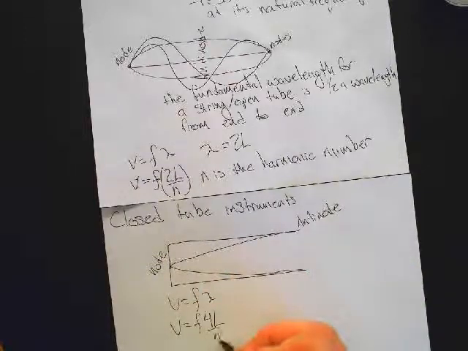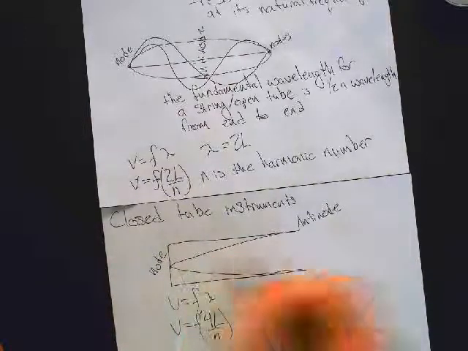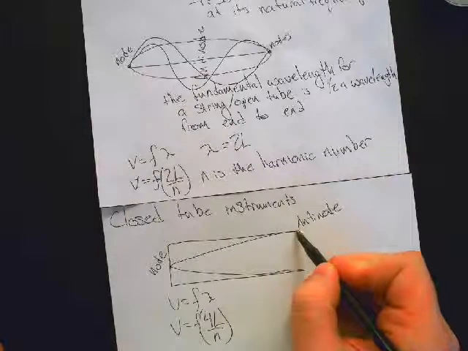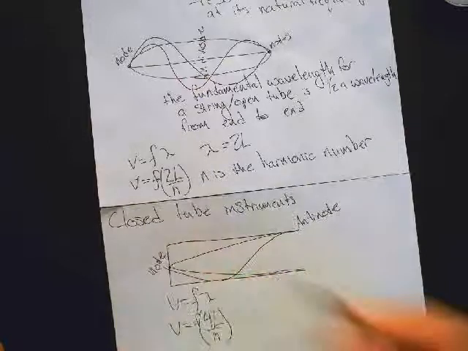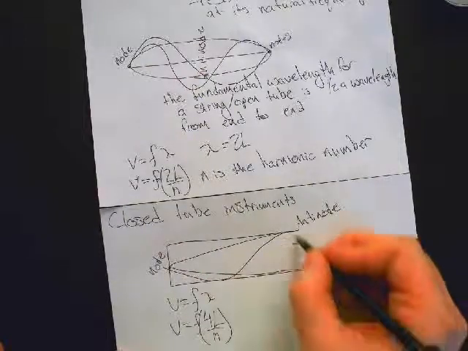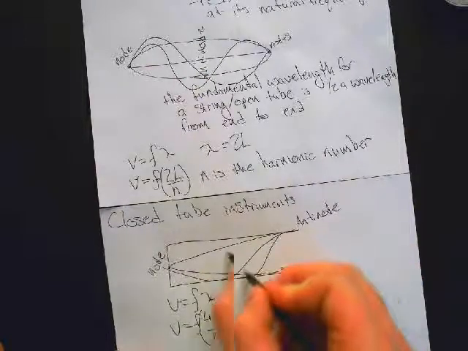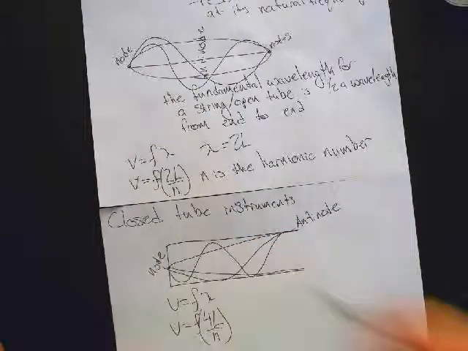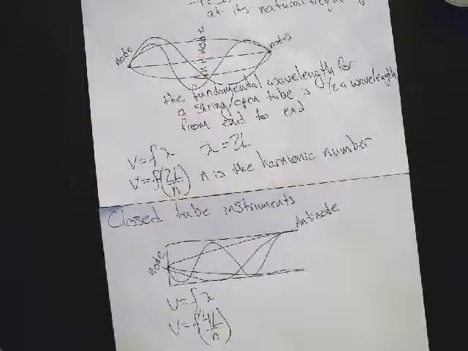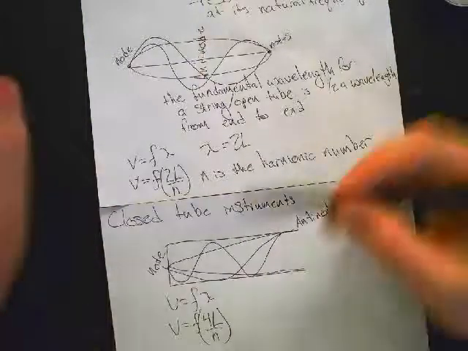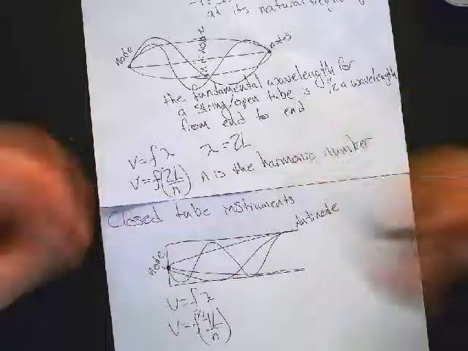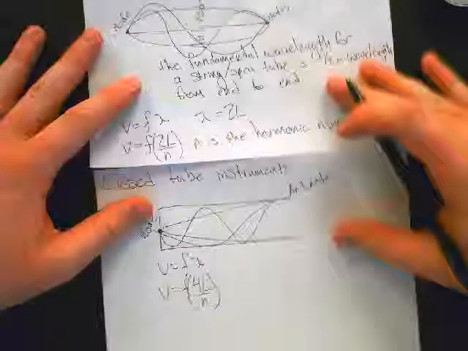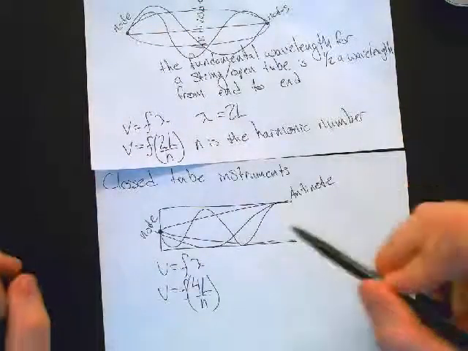Additionally, I can create harmonics here, but again, I've got to make sure that they end in antinodes. So I could do something like this. I could do something like this. I'm eyeballing. If this was exact, that would be pretty impressive. But the important thing is that each one is ending at a node at the back end. Now you'll notice that I'm only drawing things in a certain iteration of wave.